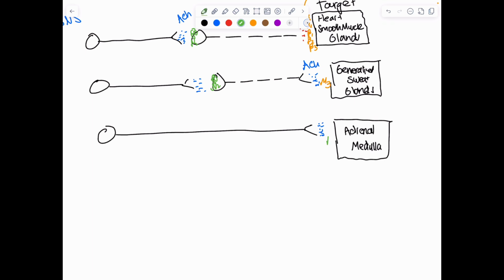And this is just N2. So this will release epinephrine and norepinephrine into the blood vessels. And this receptor up here is called a cholinergic receptor.